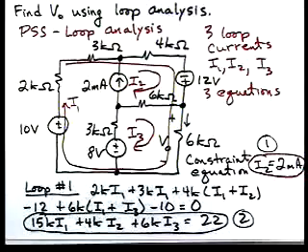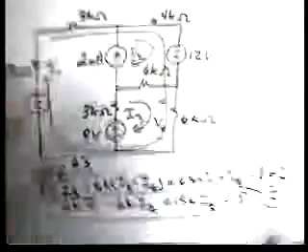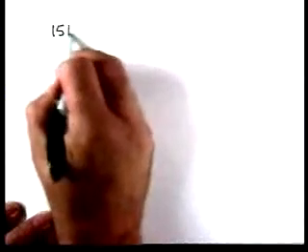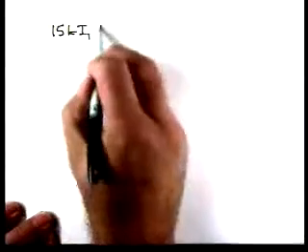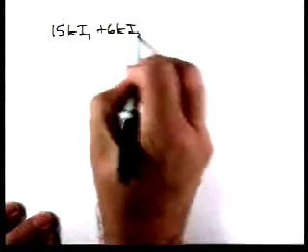And when we do that, if we make that substitution, then one of the equations becomes 15K I1 plus 6K I3 equals 14.